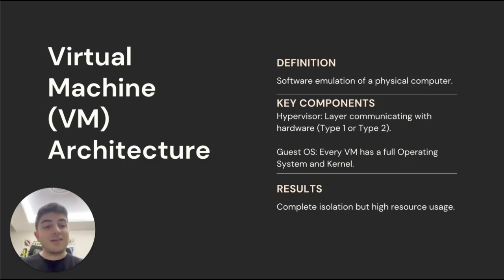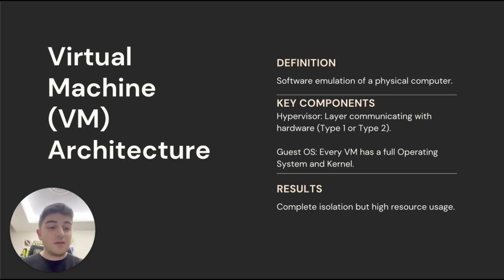Isolation is excellent because every virtual machine is separate. However, this creates a problem: high resource usage. Because every virtual machine runs a full kernel, they are very heavy. They use a huge amount of RAM and CPU just to keep the operating system running. This heaviness is exactly why containerization was invented.